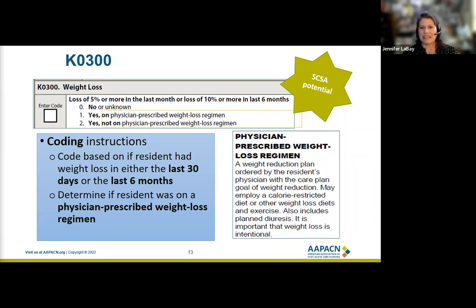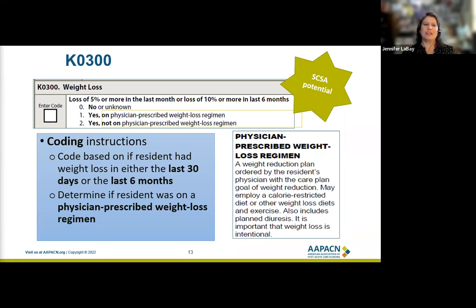Once we've determined that there is or is not a weight loss, we have to determine, if this is a weight loss, is this a prescribed weight loss, a physician prescribed weight loss regimen? This is something that a lot of times gets confused as well, because when we say physician prescribed, that means it's happened before the weight loss actually occurs and it was a plan.